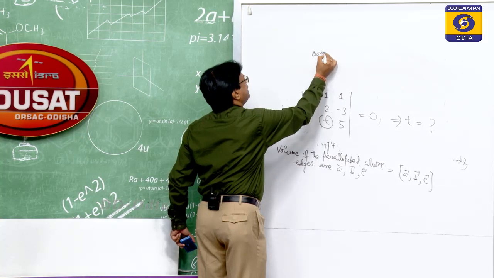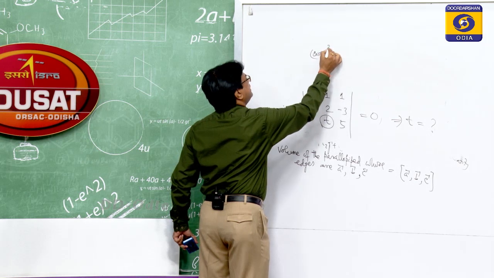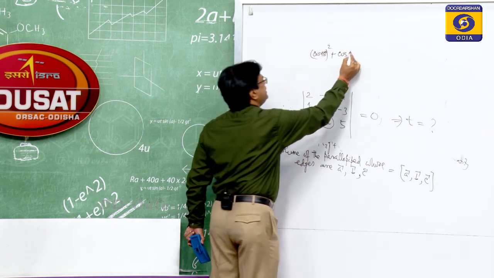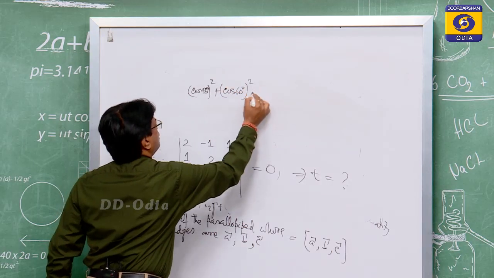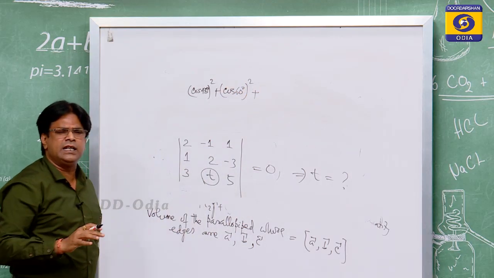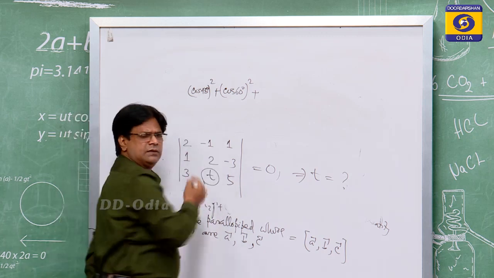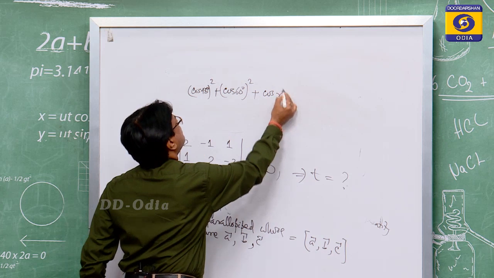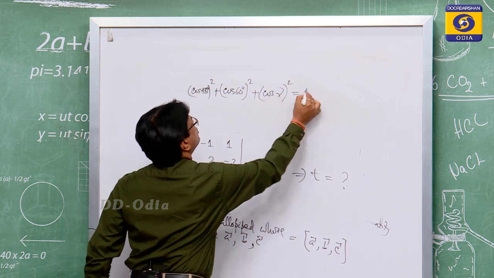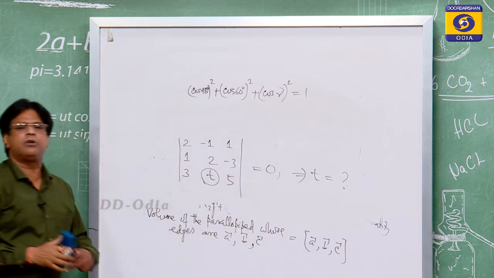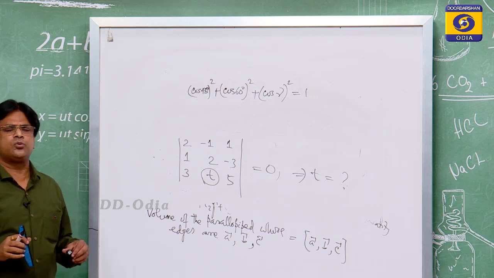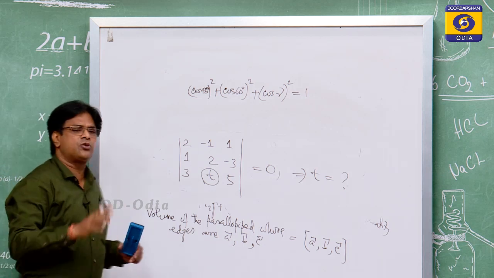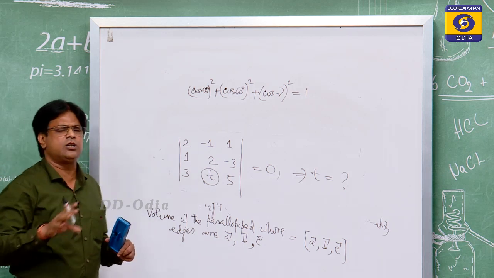So, we know that cos square 45 degree plus cos square 60 degree plus, suppose the unit vector makes an angle gamma, cos square gamma is equal to 1. Already we know from direction cosines that cos square alpha plus cos square beta plus cos square gamma is equal to 1, or l square plus m square plus n square is always equal to 1.